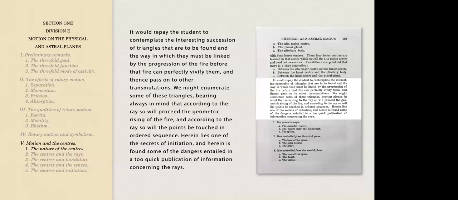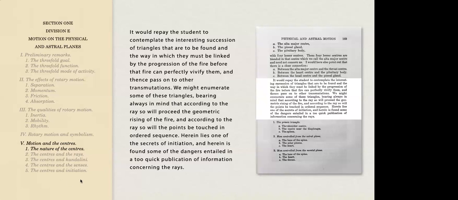We might enumerate some of these triangles, bearing always in mind that according to the ray, so will proceed the geometric rising of the fire, and according to the ray, so will the points be touched in ordered sequence. Herein lies one of the secrets of initiation, and herein is found some of the dangers entailed in a too quick publication of information concerning the rays.